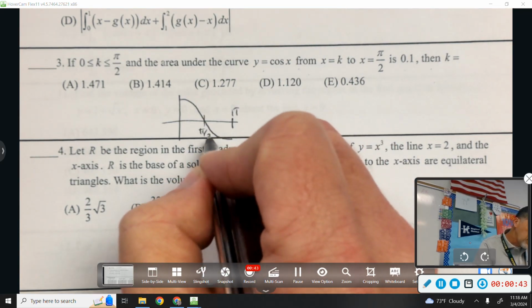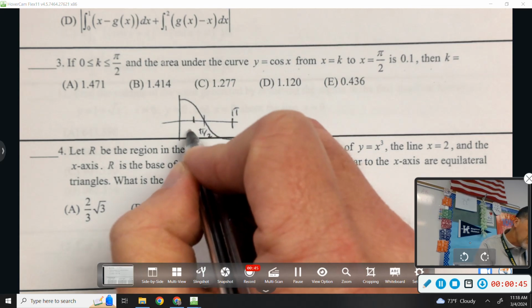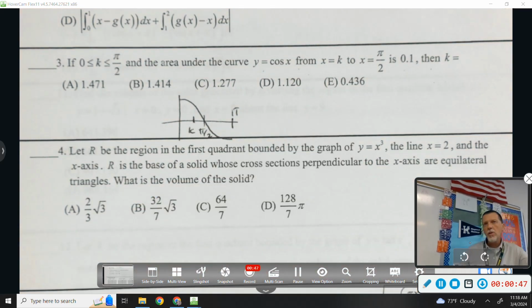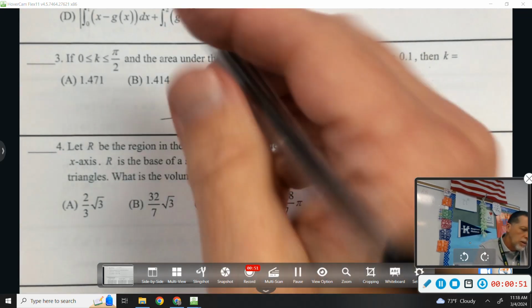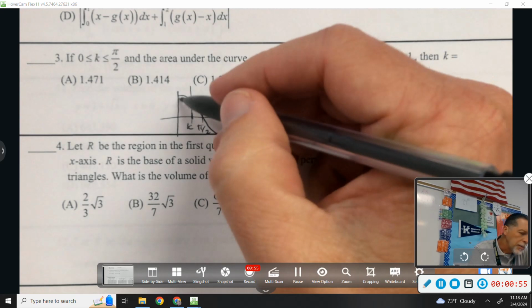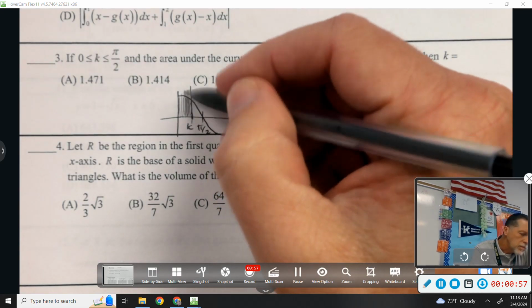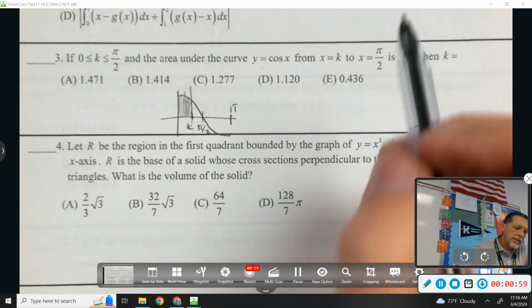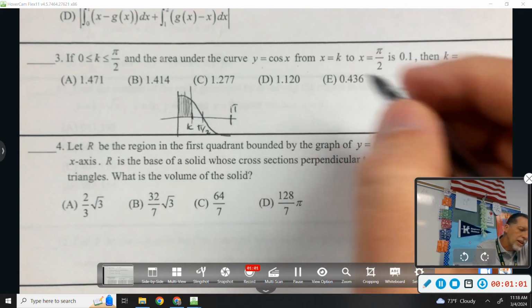That's pi over 2, and k is less than pi over 2. So we don't have to worry about some positive area, some negative area. We're looking at that area between 0 and k. And it tells me that area is 0.1.